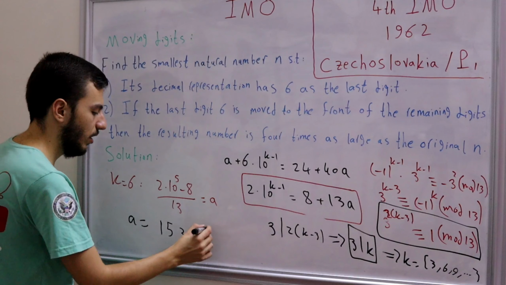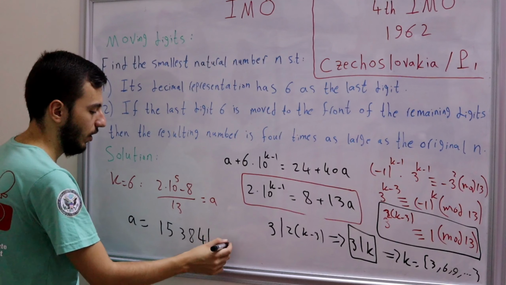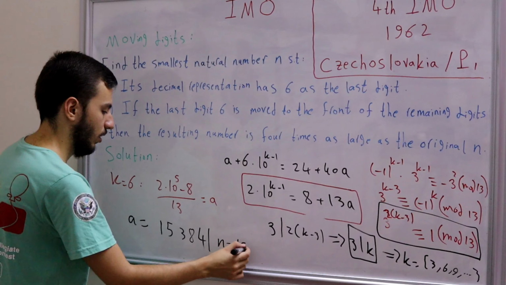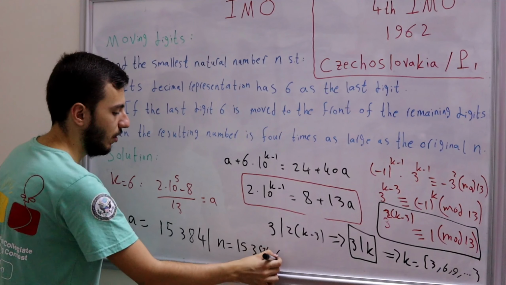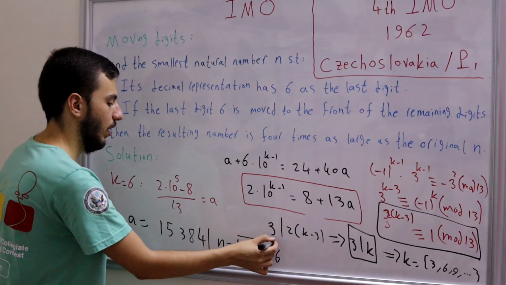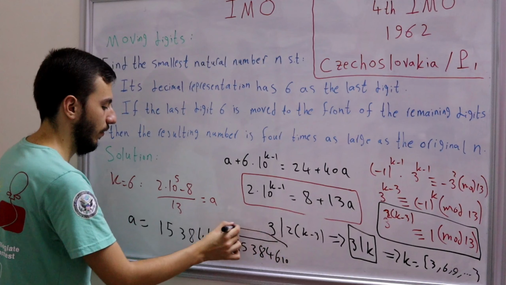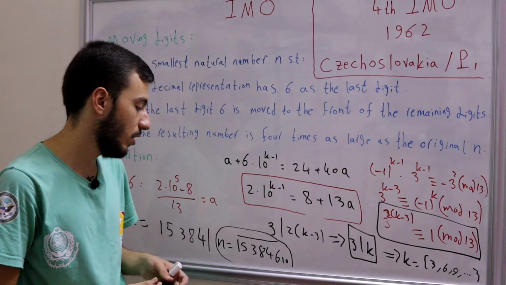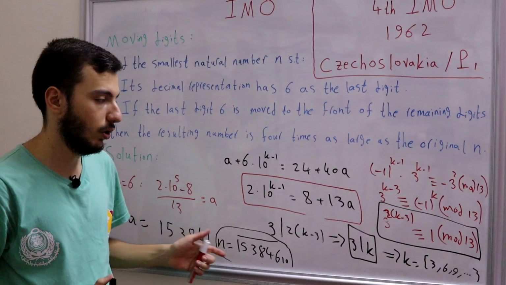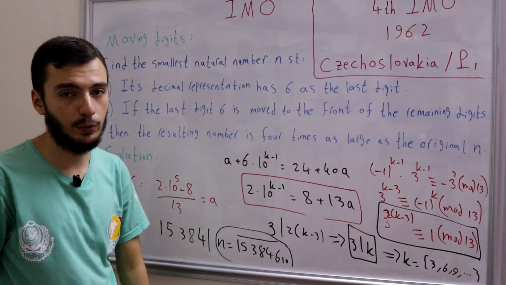Well, if a is this thing, remember what was n? N is simply the same number, just with 6 at the last digit. So that's actually our smallest natural number n that satisfies our problem.